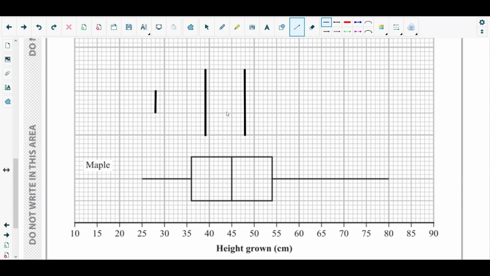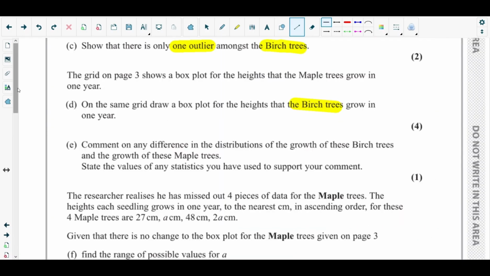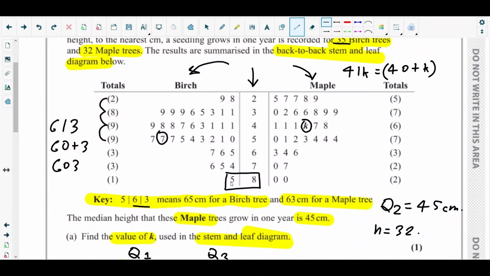And at last, the upper quartile. The upper quartile was 57. 57 is here, so this is the upper quartile. Done. Now the upper range. Is it 85?